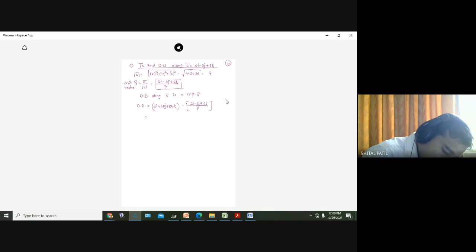And I hope you remember how the dot product is obtained: I component together, J component together, K component together.